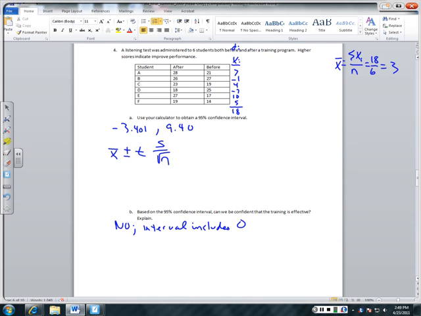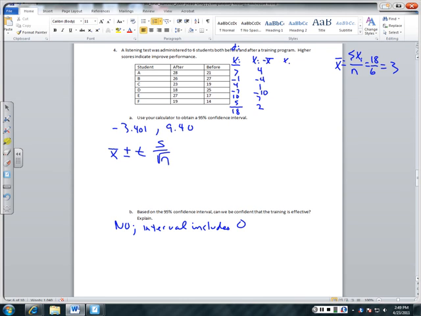And then I'm going to get the deviations. And so x sub i minus x bar is 4, minus 4, 1, minus 10, 7, and 2.